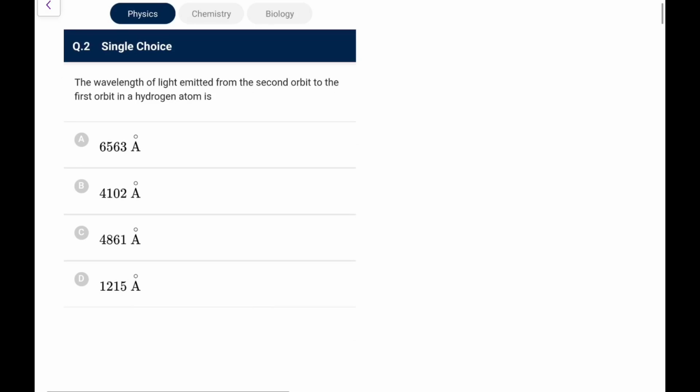The wavelength of light emitted from the second orbit to the first orbit in a hydrogen atom: the energy involved would be 13.6 times (1 square minus 1 by 2 square), and this is hc by lambda.